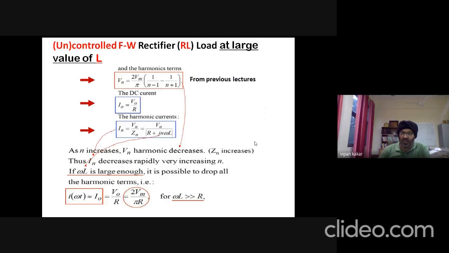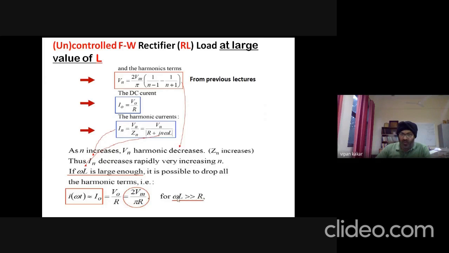So it means, as we saw earlier in this lecture, that if we have a large value of L compared to R, the current becomes continuous, the ripples reduce. And in the same way over here, if ripple reduces, it means the harmonic content reduces. So increasing the value of L will decrease the value of harmonics.